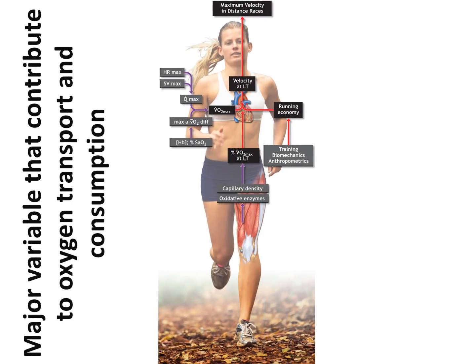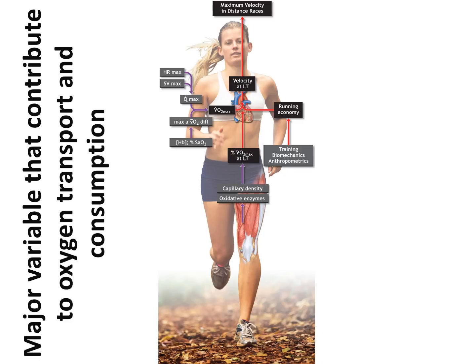Performance in long distance running is thus dependent on running economy that is influenced by training, biomechanics, and anthropometrics. Percentage VO2 max at lactate threshold that is related to capillary density and oxidative enzymes. This is very specific to the type of muscles activated in the specific type of exercise you do.